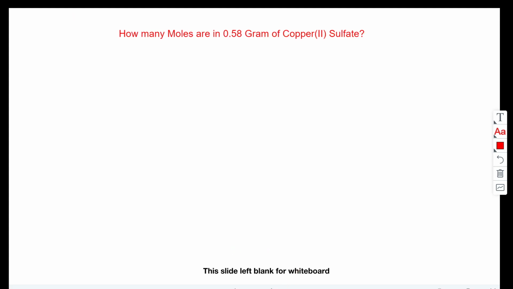So in this first one, we have 0.58 grams of copper sulfate. We're going to start by putting this down. This would be easier if I had the draw tool selected, and let's go with a nice blue color today. So we're going to have 0.58 grams.